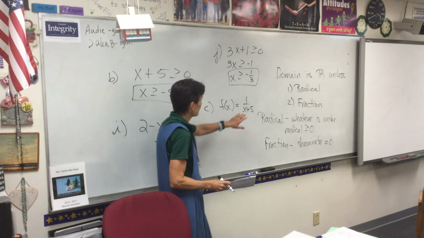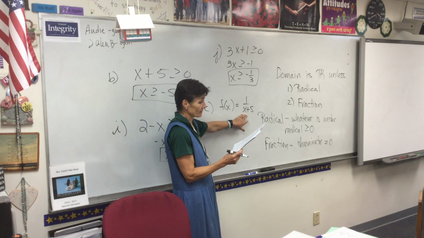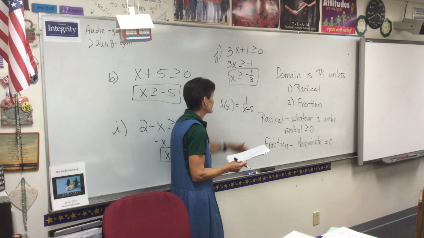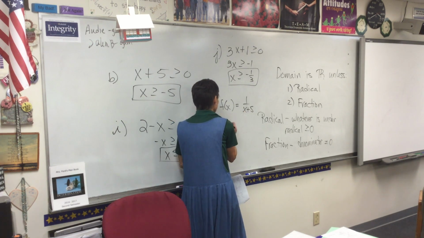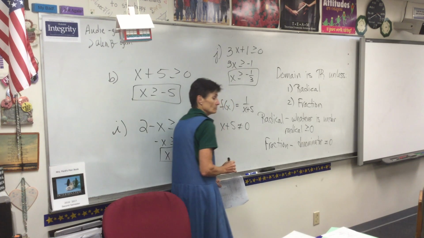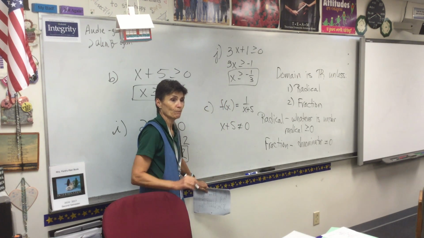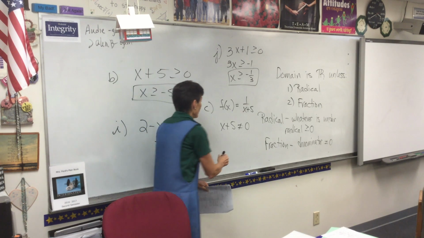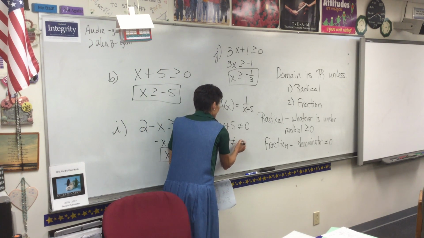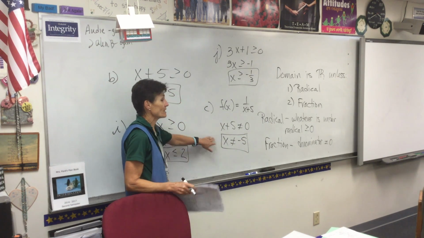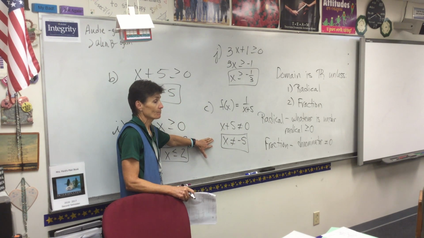So when you see a problem with a fraction, like letter C, whatever is in the denominator, which is x plus 5, cannot equal 0. That's the rule for fractions. Denominator cannot equal 0, which means x cannot equal -5. That's your answer for part C.